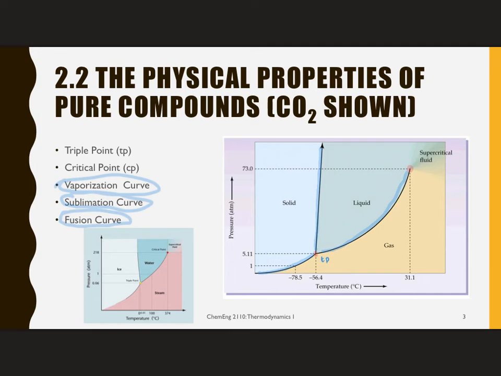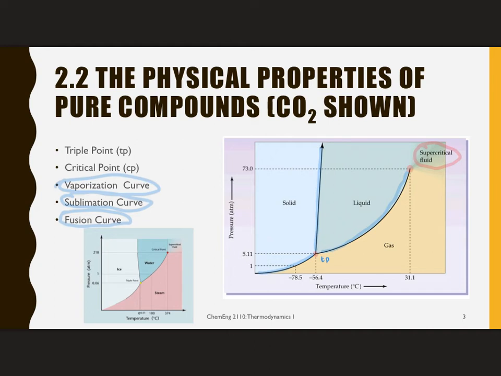Anything beyond this is called a supercritical fluid. That means that it flows. It's going to be sort of gas-like, sort of liquid-like. That's a little hard to say, so we just call it a fluid.